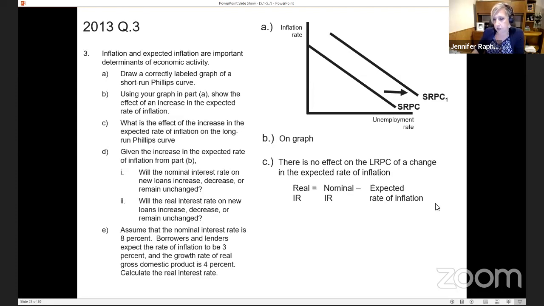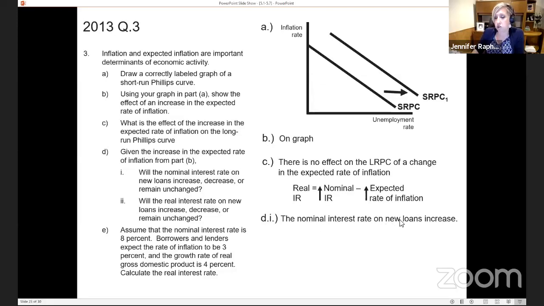And so if the expected rate of inflation increases, people are going to build into their nominal interest rates the change needed in order to secure the real interest rate they were looking for to begin with. So nominal interest rates are going to rise and real interest rates are going to remain unchanged.